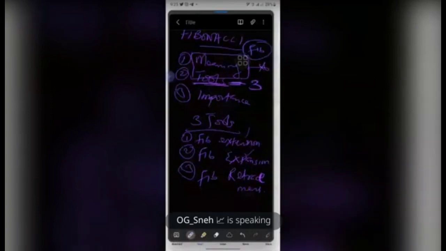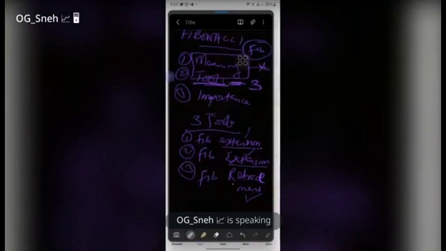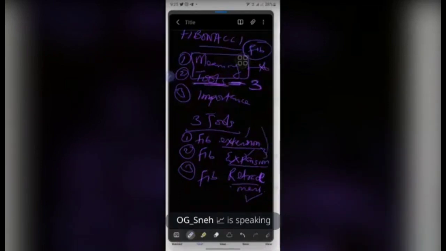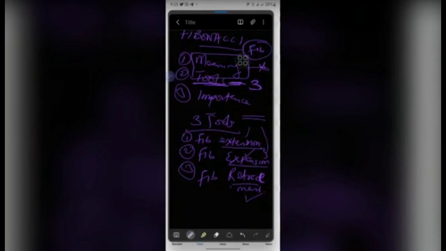Now, if you look at these three words very well and critically, we have extension, expansion, and retracement. You see that these two words are actually similar. Extend, like you extend something. Expand is still the same thing. You expand something. You understand? So Fibonacci tools 1 and 2 are the same thing.